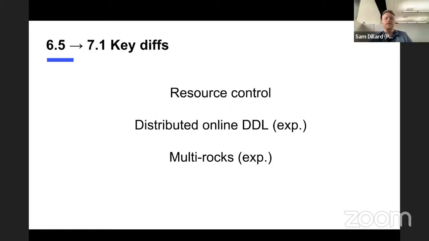The main 3 things I want you to take away from the differences: I'm going to lay out a bunch of features, but the 3 major features I think will have large reach and high impact on everybody that uses TiDB. The first is resource control, which is an ability for operators of TiDB to provide resource isolation to their own classified groups of workloads.